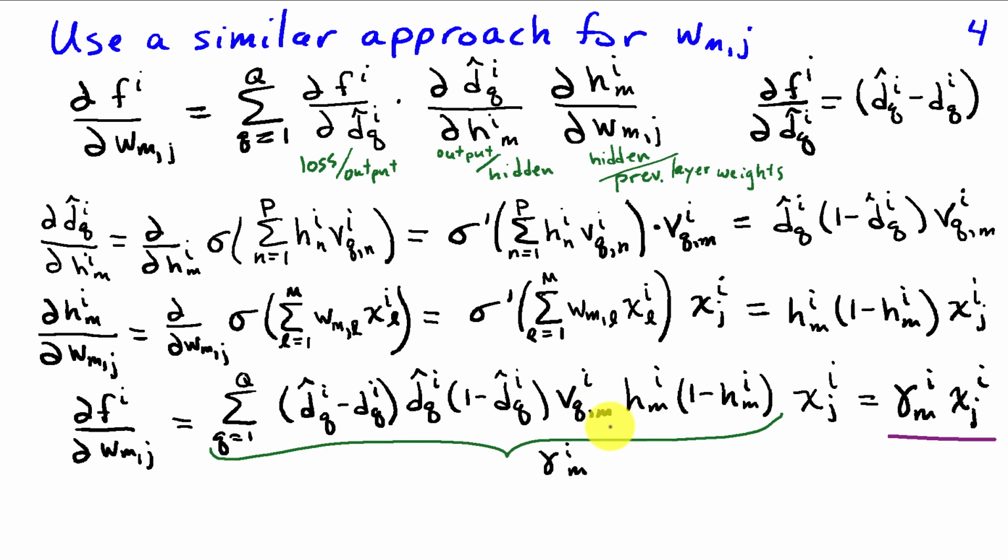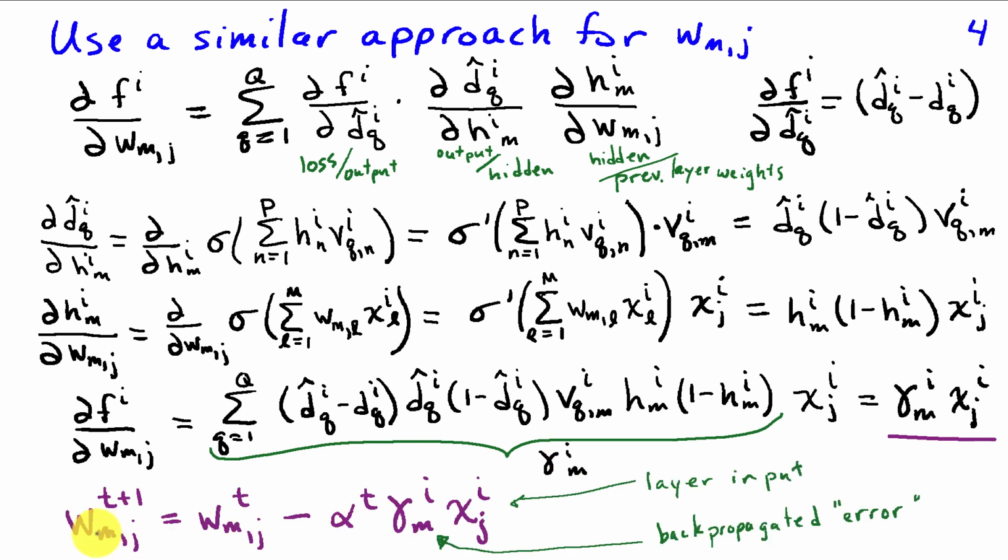And then finally, we have the derivative of the hidden layer with respect to the input weights to that layer, and that's hm times 1 minus hm times xj. So we're going to group this constant in front here when we sum over q. We're going to call that gamma sub m sup i.